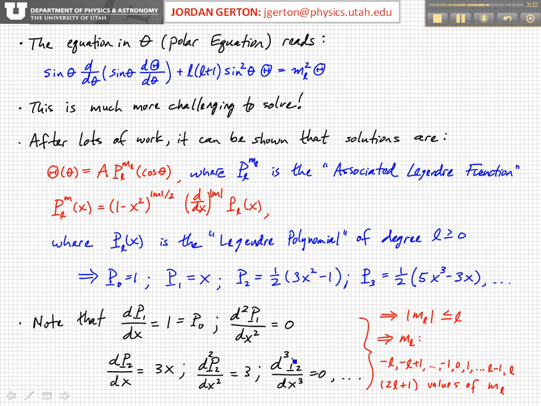The third derivative is too much, and so that puts a limit on the values of m sub L which we can have for any given L. So m sub L can take on the values from minus L in integer steps up to L, and there are 2L plus 1 values of m sub L. Whatever the number L is, we have 2L plus 1 possible values of m sub L ranging from minus L to L in integer steps.